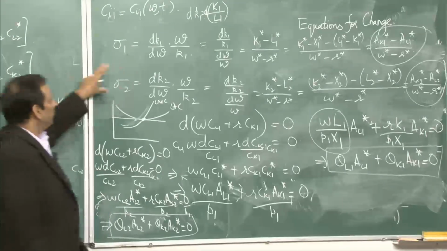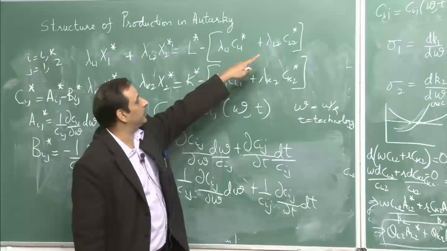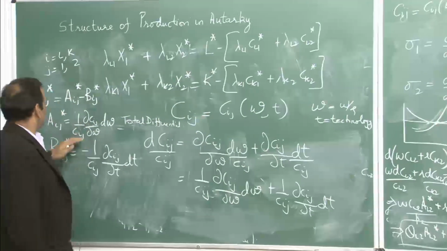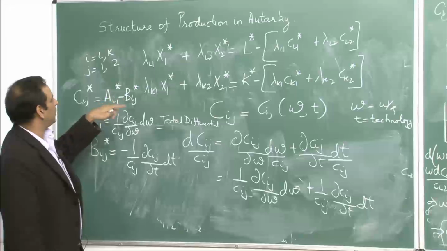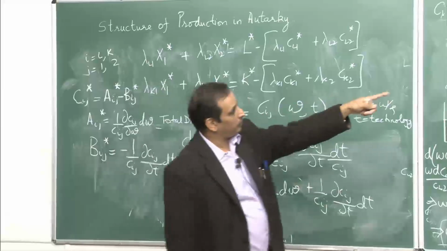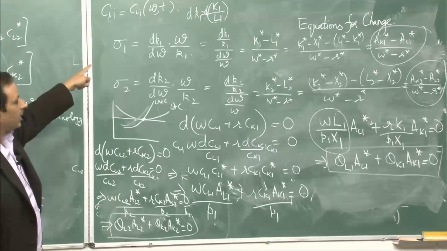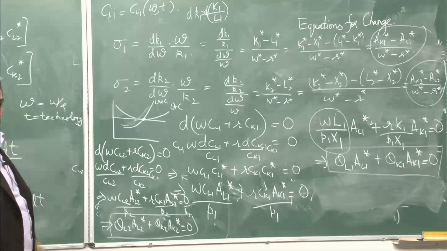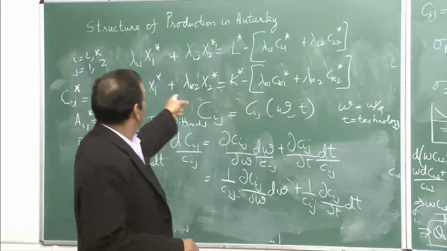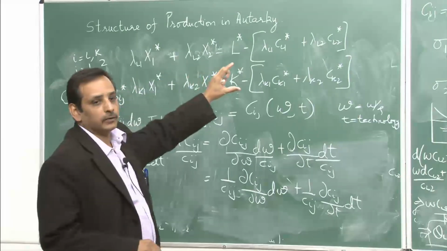Once we have that, then we will put it in this CL1 star, CL2 star, CK1 star, CK2 star, and then using this, that CL1 star is AL1 star minus BL1 star, AL1 star, AK1 star, AK2 star, AL2 star will be expressed all in terms of the elasticity of substitution. Once we have that, then we will see what these two final equations will look like.